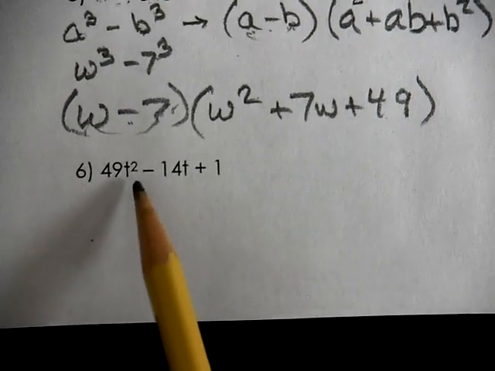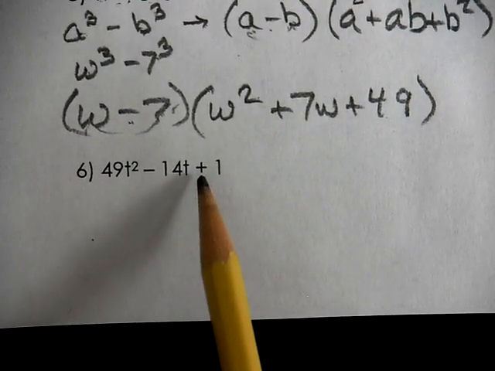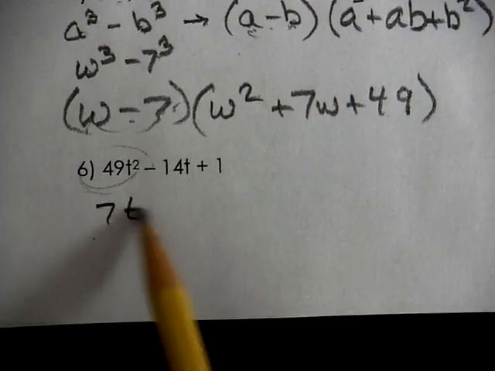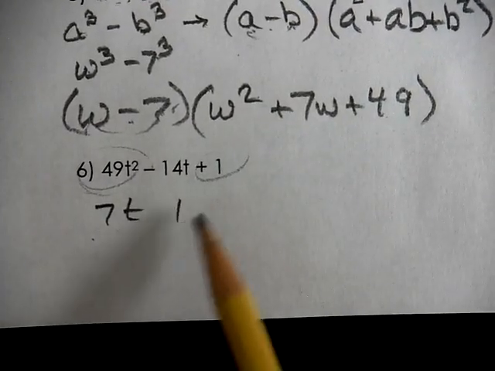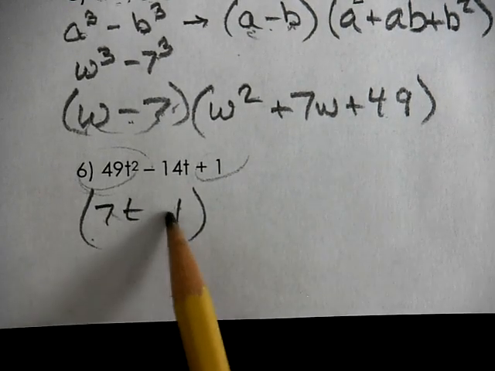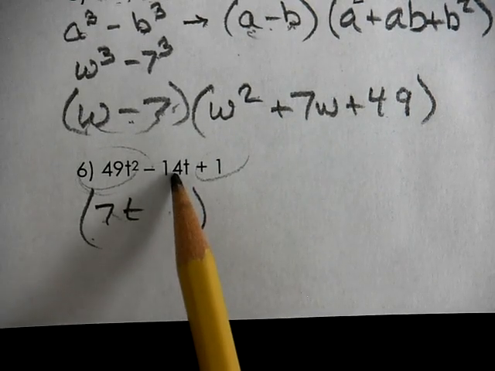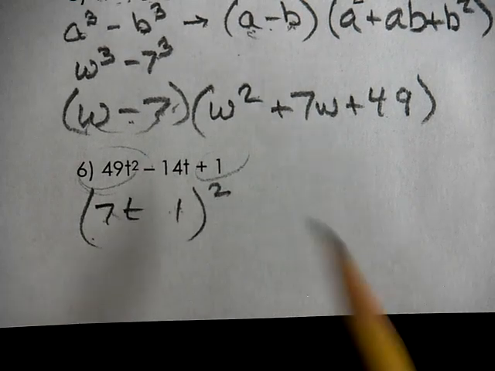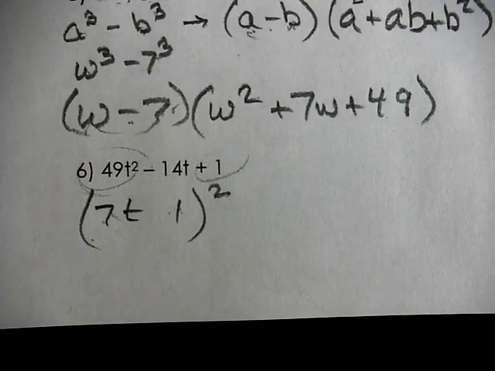This one here is called the perfect square trinomial because we can take the square root of that number, we can take the square root of that number, and when you multiply those two numbers together, it is half of the center. That's a special pattern that tells us it's a perfect square trinomial.